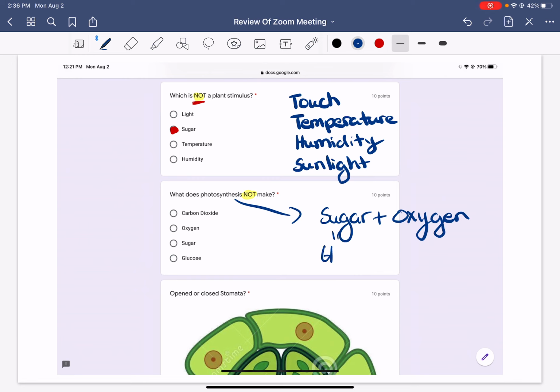And sugar is the same as glucose. So it makes glucose, it makes sugar, it makes oxygen. But we need carbon dioxide. So it does not make carbon dioxide.